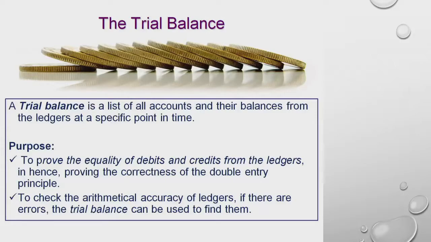The purpose of a trial balance is to prove the equality of debit and credit from the ledgers, hence proving the correctness of the double entry principle, and to check the arithmetic accuracy of ledgers. If there are errors, the trial balance can be used to find them, because if the trial balance doesn't balance, it means there are errors.